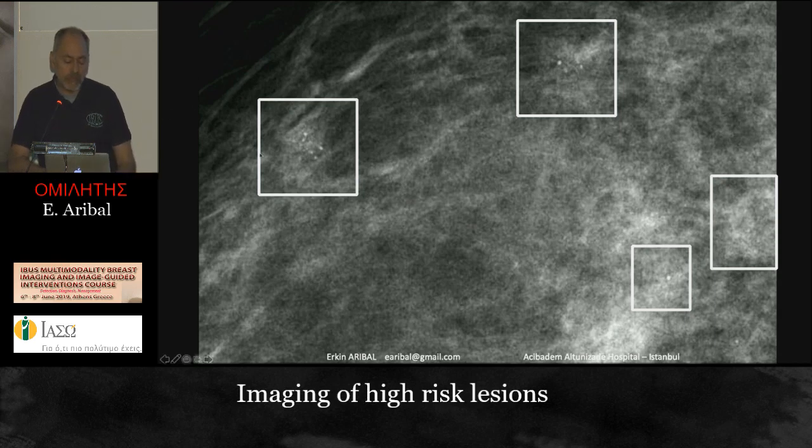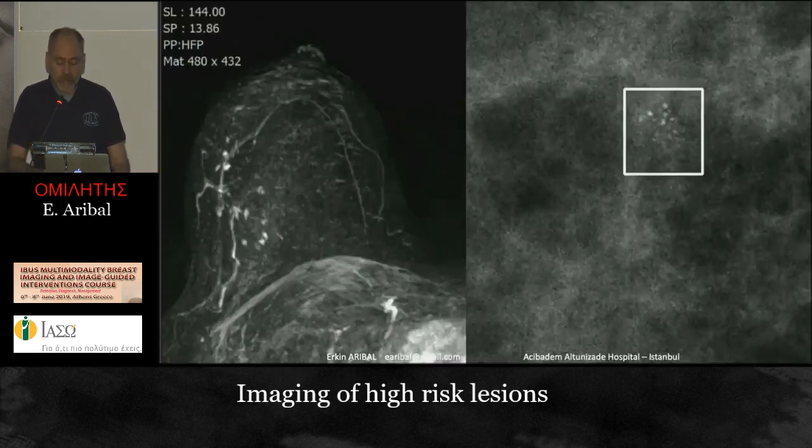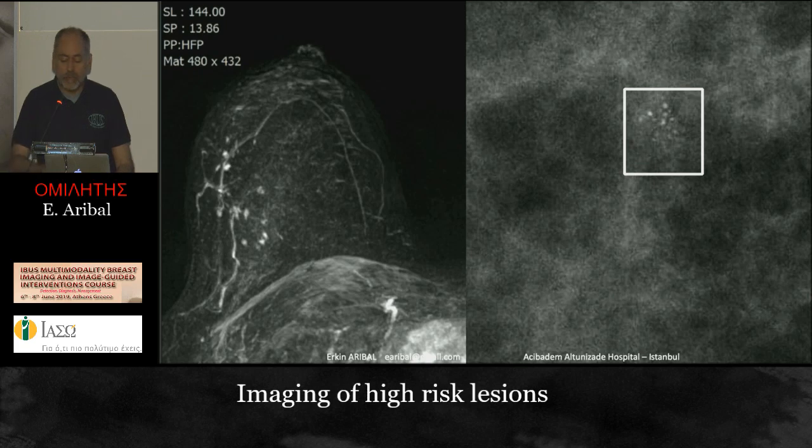It looked like this one, but it's very difficult to biopsy them all. So this was the most risky one. I removed all the calcifications, and the result was not even an ADH. It was almost normal.